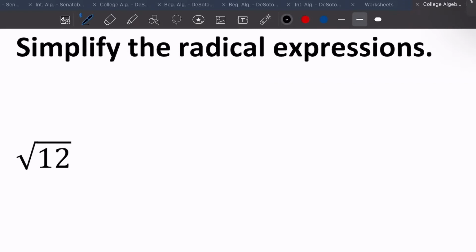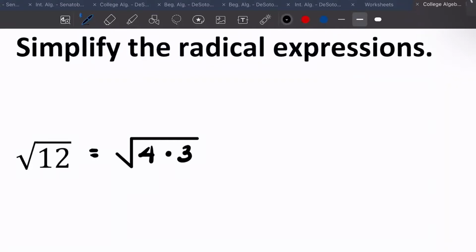So we think, what are the factors of 12 that are going to help us out? We have 4 and 3. Another two factors of 12 are 6 and 2. But 6 and 2 are not perfect squares. We can't take the square root of 6 either to get a whole number. It doesn't work. So we're still kind of left in the dark there.